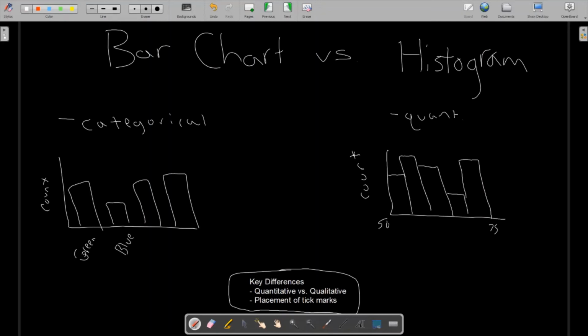We might look for all the temperatures from 50 to 55 degrees and put those as a count and then record that on our histogram. And then we might take all of the temperatures that go from 55 to 60 and do the same thing. And from 60 to 65, and from 65 to 70, and lastly from 70 to 75. We'll combine all of those, record the count in each interval, and then put that on the histogram.